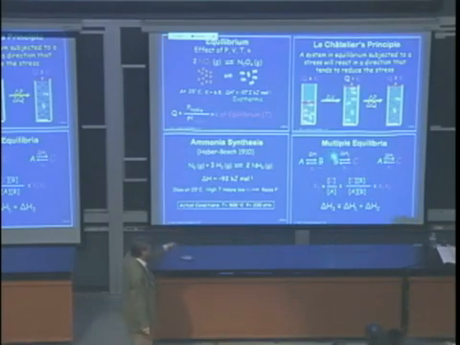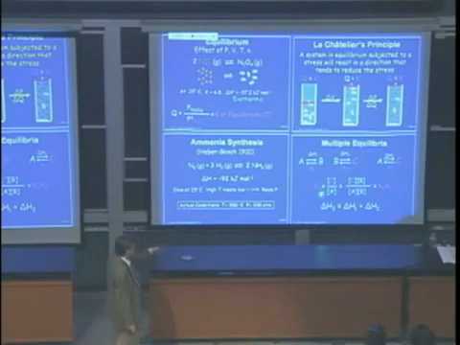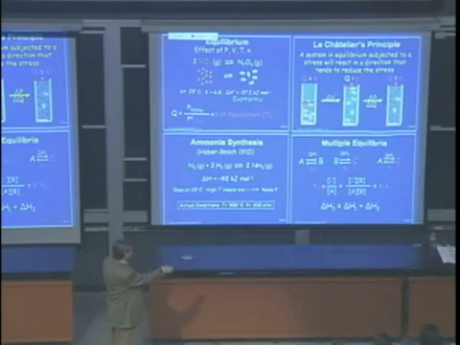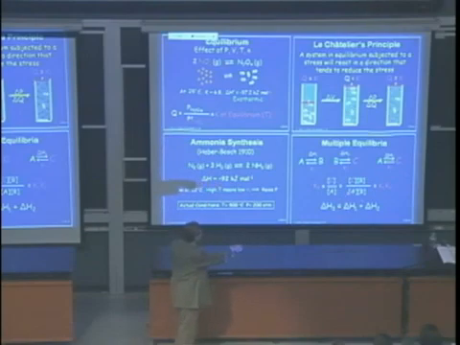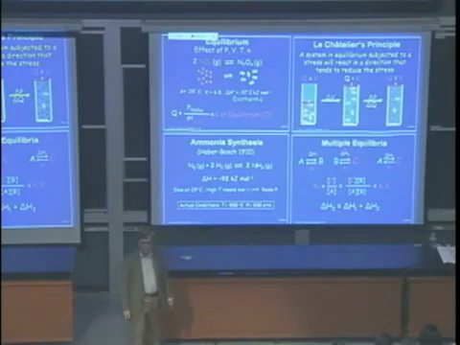Now with this, I have K1 and K2 in there. K3 is K1 times K2. And with this, you have K3, okay? And the heat of reaction for that equilibrium would be the change of enthalpy for this equilibrium plus the change of enthalpy for that equilibrium, okay? So this is multiple equilibria.